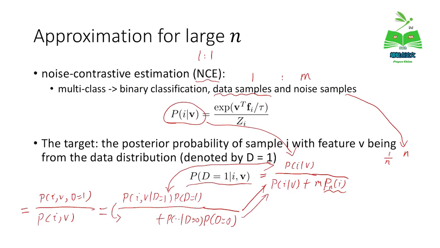Okay, so for each image we have this uniform distribution from the noise samples, and we know it's 1 versus n, and we select one image. The probability that it belongs to i is this one, and we have a very high probability that it's from the noise samples.